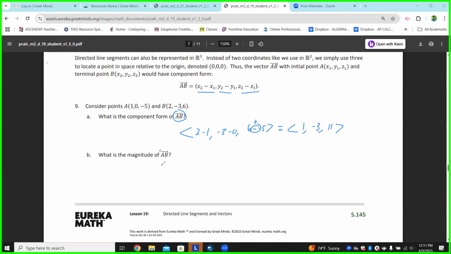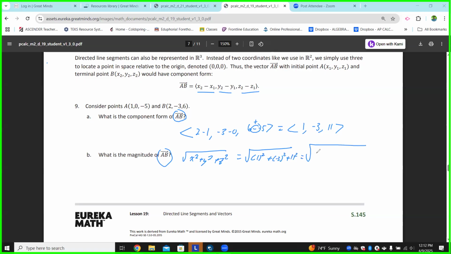So to find the magnitude of this directed line segment, how do you find the magnitude of a three-dimensional vector? There it is. It's going to be the square root of x squared plus y squared plus z squared. I think in our books we also used a, b, and c, but same process. So this will be 1 squared plus -3 squared plus 11 squared.